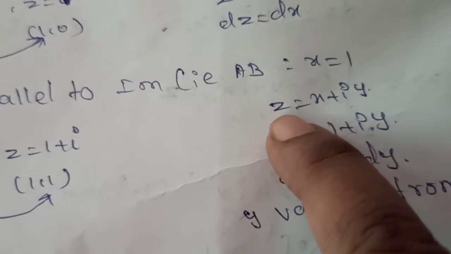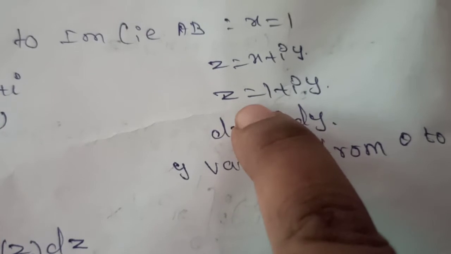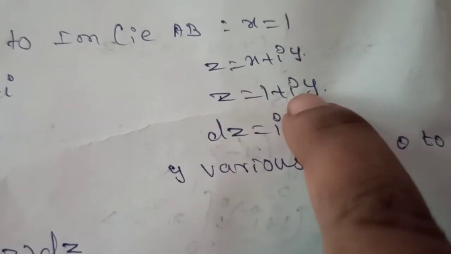Therefore, taking the formula z equal to x plus iy, substitute the value: z equal to 1 plus iy.